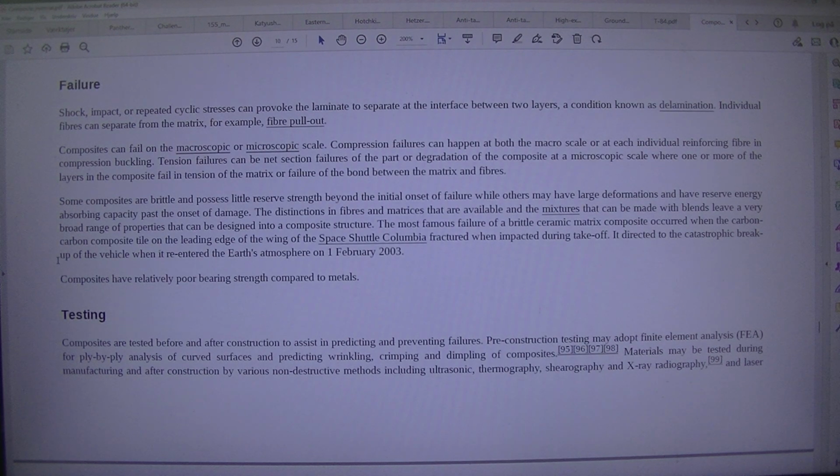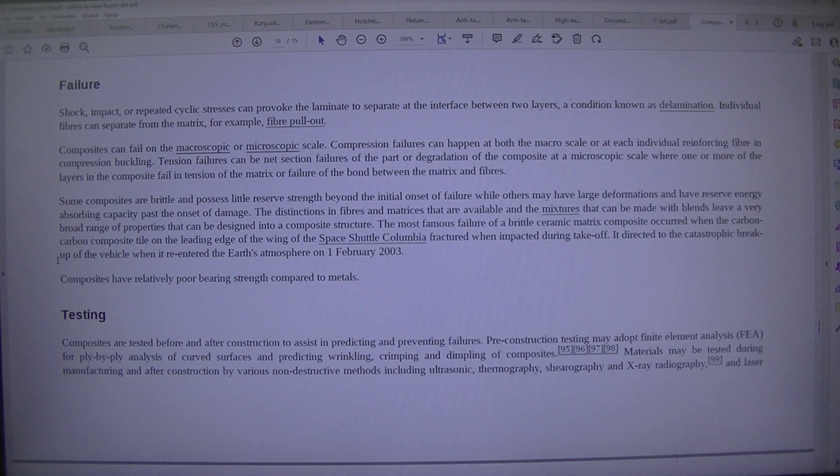Failure. Shock, impact, or repeated cyclic stresses can provoke the laminate to separate at the interface between two layers, a condition known as delamination. Individual fibers can separate from the matrix, for example fiber pull-out. Composites can fail on the macroscopic or microscopic scale.